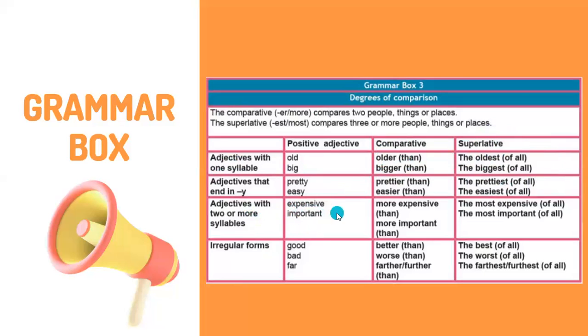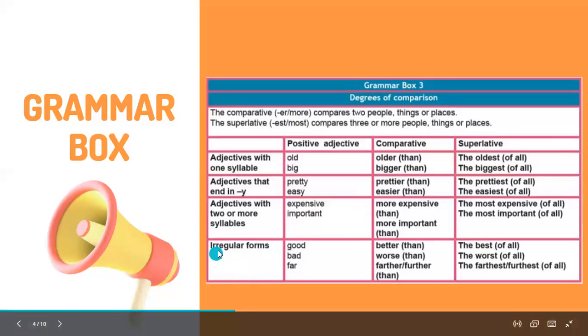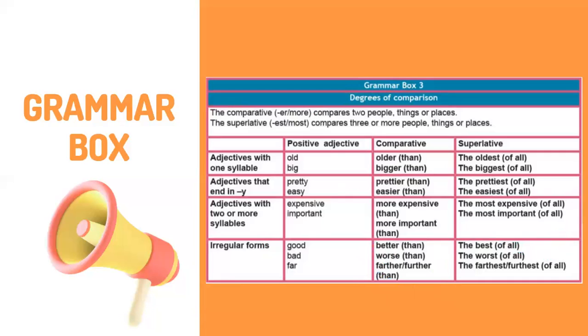Cuando tenemos una palabra un poquito más grande como esta que viene aquí, expensive, que tiene 2 o más sílabas, es mejor poner la palabra more, o sea, más caro, o the most expensive, o sea, el más caro de todos. Y en el caso de los adjetivos irregulares, como ya mencioné, estas son palabras que no se puede simplemente agregar er o est, entonces tenemos que cambiar un poquito la palabra, pero no hay ninguna complicación, esto es muy fácil, se van a ir aprendiendo poco a poco.